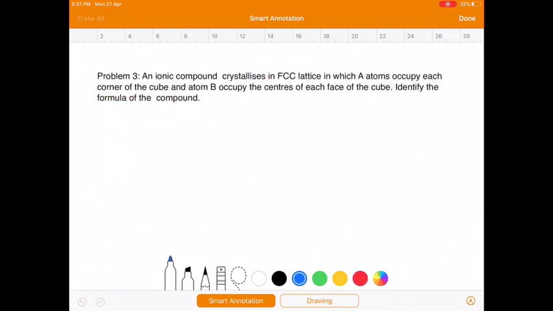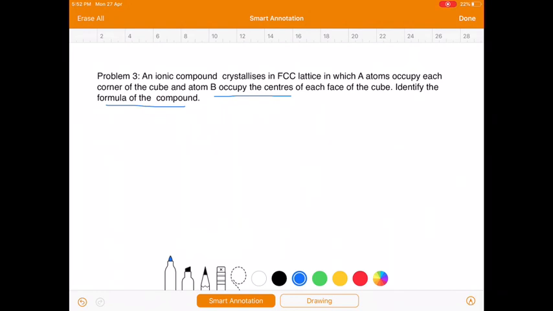Problem 3. An ionic compound crystallizes in FCC lattice, that is the face centered cubic close packing, in which A atoms occupy each corner of the cube and B atoms occupy the center of each face of the cube. Identify the formula of the compound.